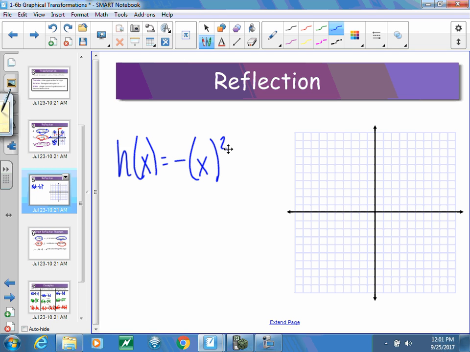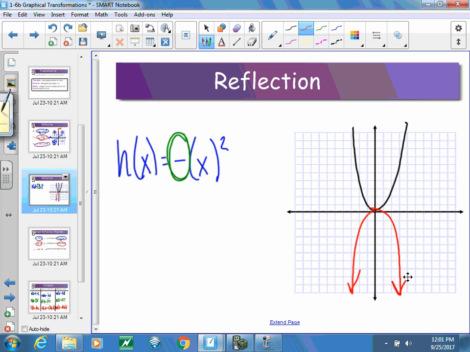So when I look at this, hopefully what's jumping out to you is the fact that this is dealing with our parent function of the quadratic, x squared. Because this negative is outside of the function, that is a reflection over the x-axis. So I would be reflecting my graph over the x-axis. It would be down here.